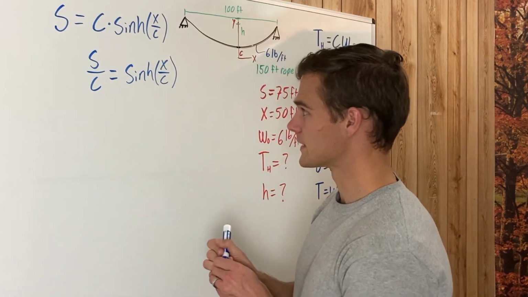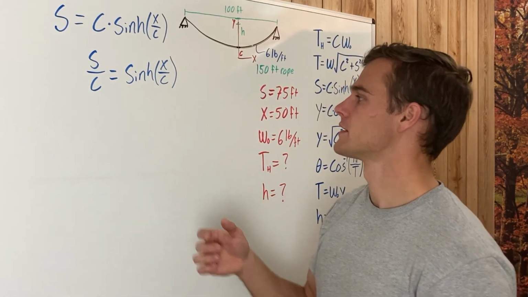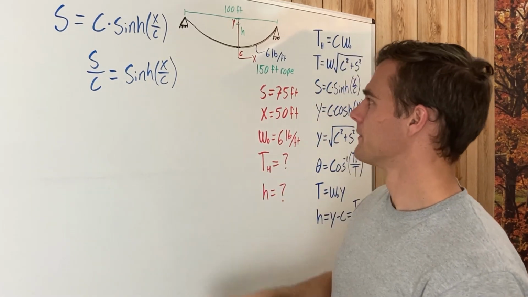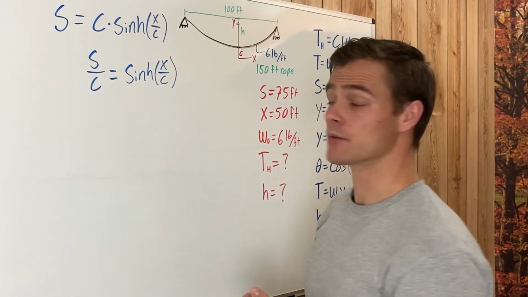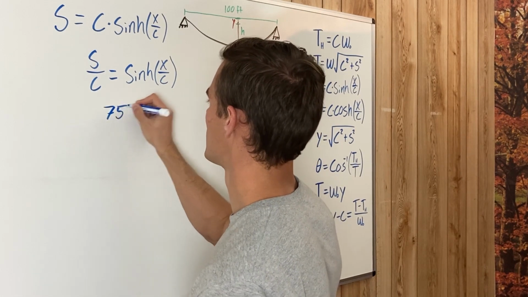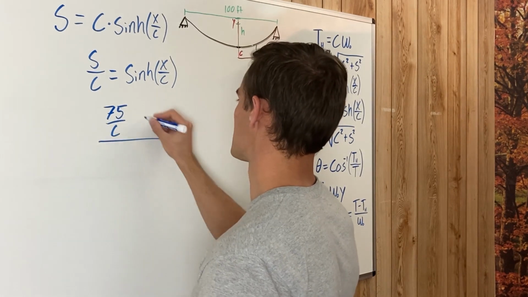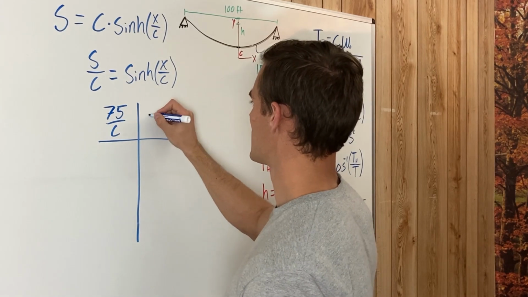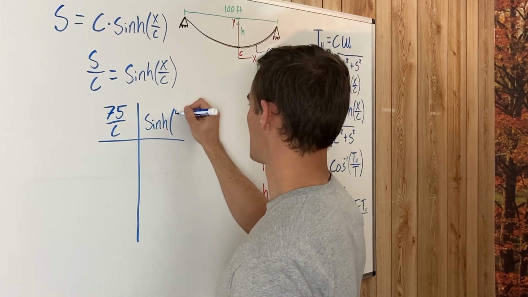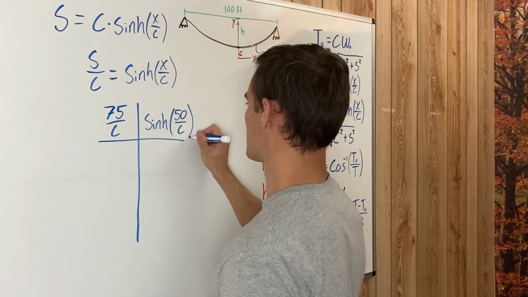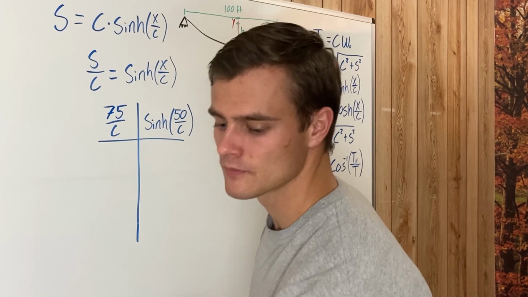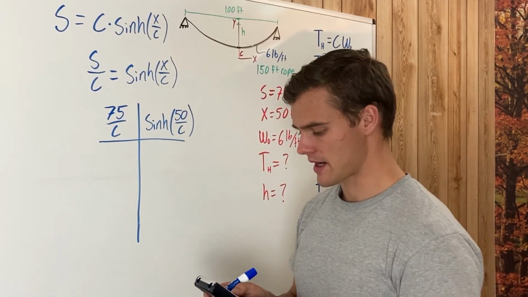The way you could solve this is through an iterative process where you plug in values of C and get these two sides to match after having plugged in S and X, which we already know. We can do that by making a table. We can say that 75 divided by C is on one side of the table, and on the other side we have the hyperbolic sine of X, which is 50 divided by C. Then we just plug in values of C and put them right here, using your calculator.